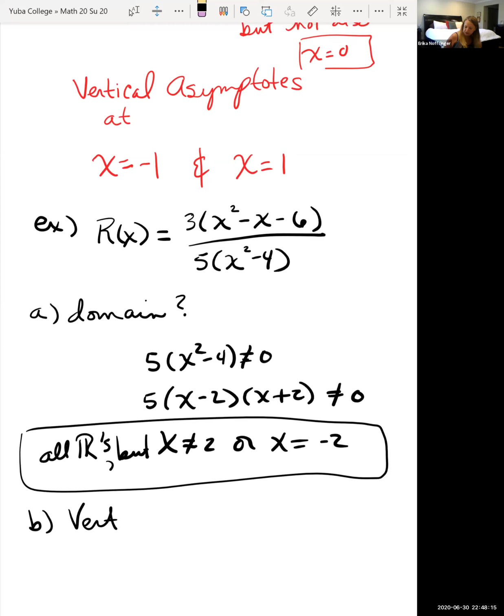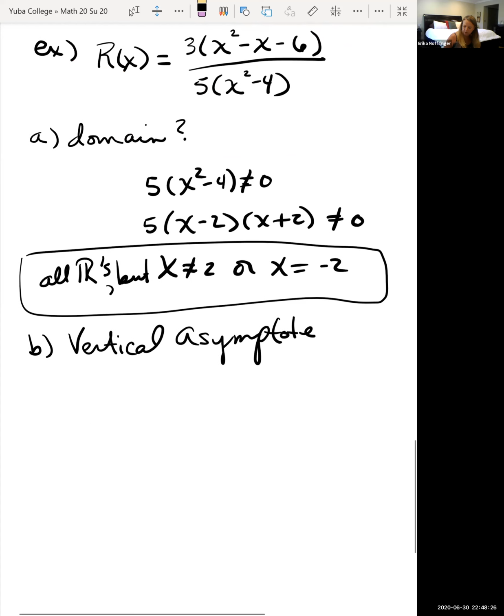Vertical asymptotes, I have to be careful. I need to make sure that doesn't set my denominator also equal to 0. So sometimes it's just helpful to factor, and it will be helpful when we start graphing these to factor the numerator.